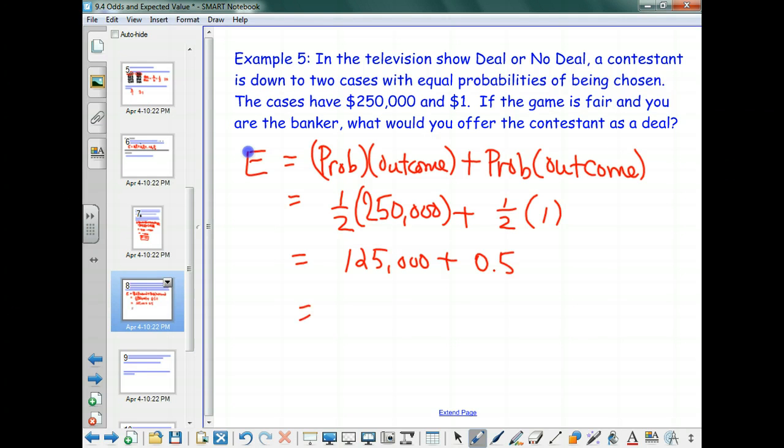And then what's $125,000 plus 0.5? $125,000.50. So if you're the banker, you should be offering about $125,000, give or take, right? To the contestant to walk away. I would walk away. That would be nice pocket change. It would be very nice.